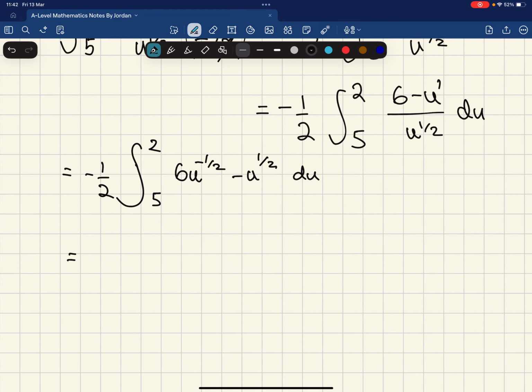Then what we can do is substitute in the numbers. What you also can do, if you wish, is put this minus 1/2 through that. I'm not personally going to, I'm just going to leave it there. So, this should be done very carefully, this part.